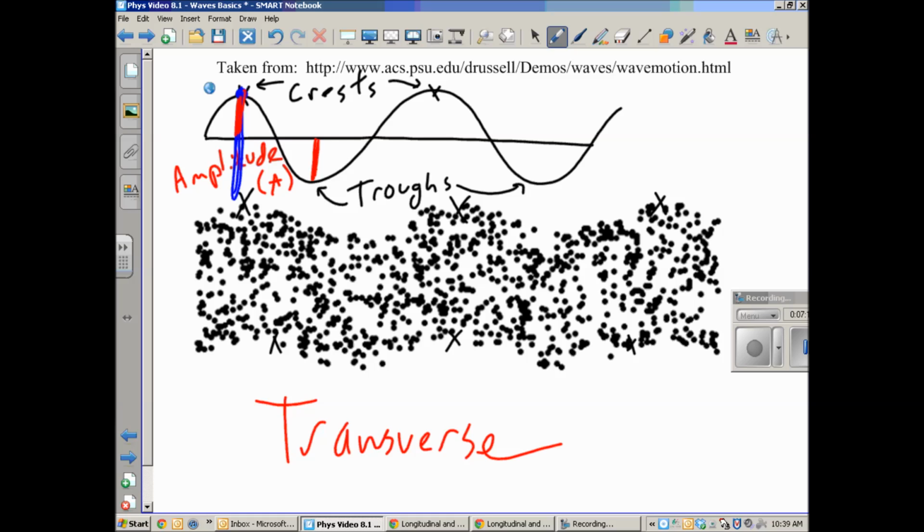So now let's talk about longitudinal waves. Longitudinal waves don't have crests and troughs. They have what are called compressions and rarefactions. Unfortunately, I did a screenshot of this, and it really didn't capture very well. But if you go back to the graphic that I showed, there are points where the particles are very close together.